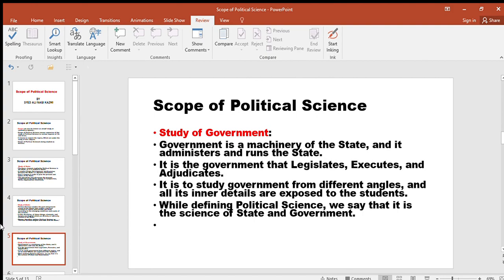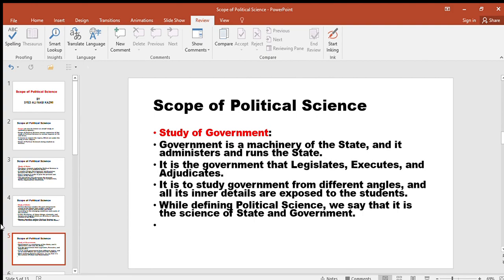It is the study of government. Political science is the study of government. It is also included in the domain, the area of study, or the scope of political science. Government is the machinery of the state. It is an agent of the state and it administers and runs the state. It is the government that legislates, executes, and adjudicates.